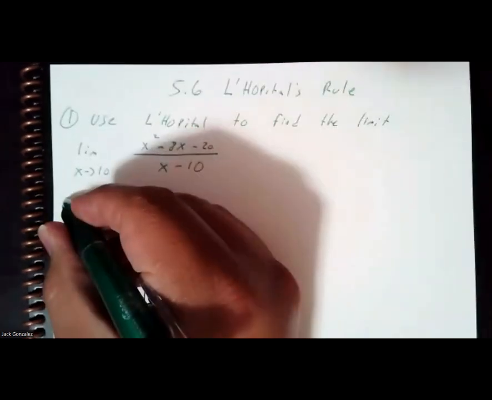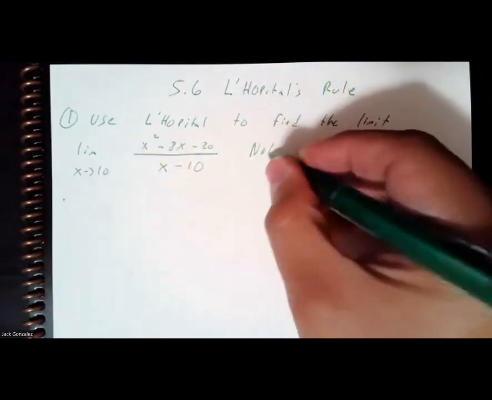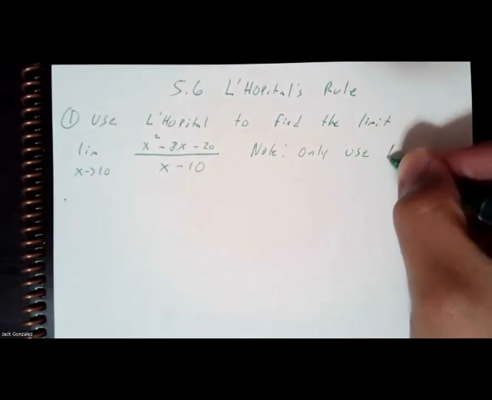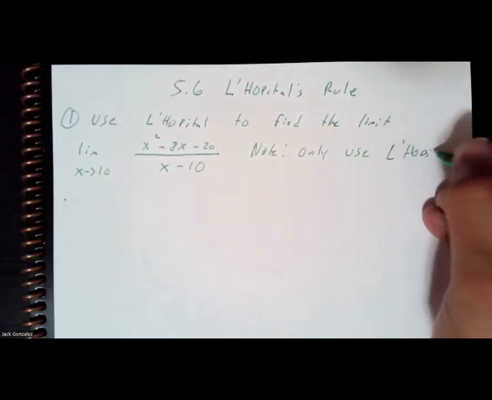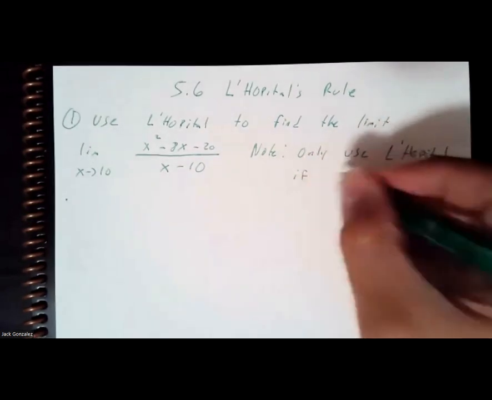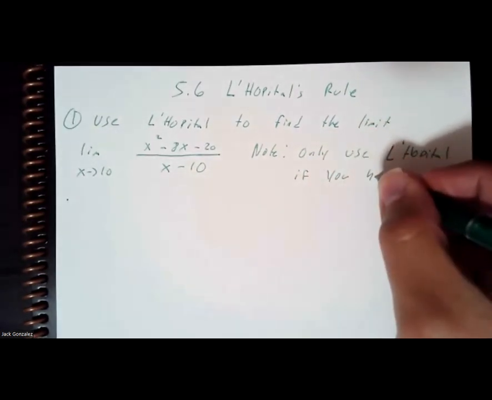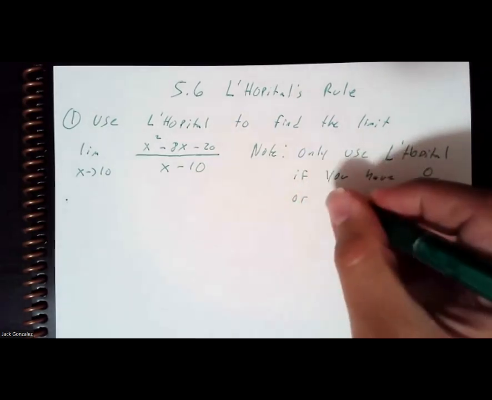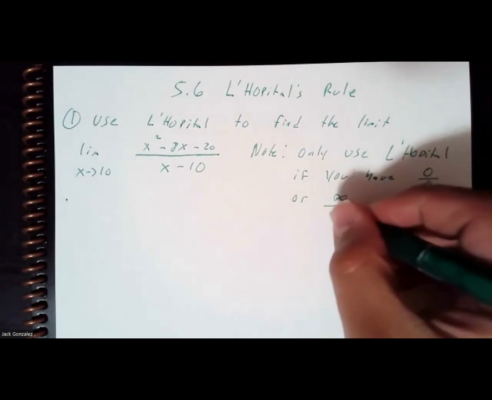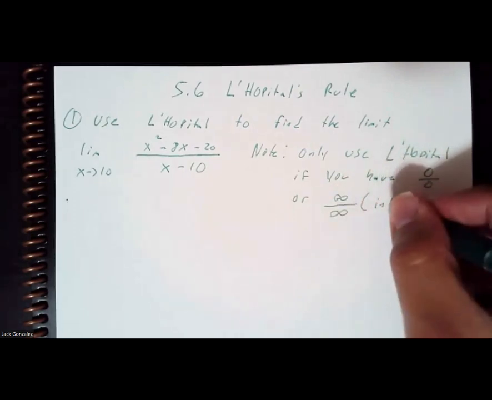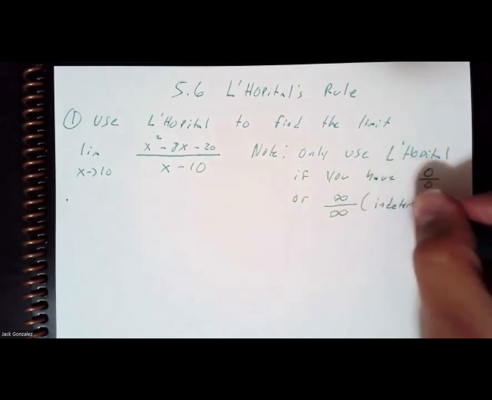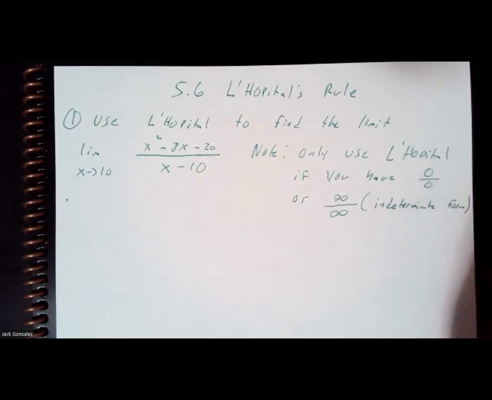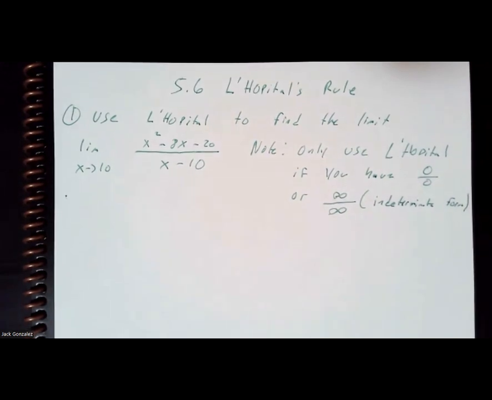Let me make a note here: 0 over 0 or infinity over infinity. This is called an indeterminate form.